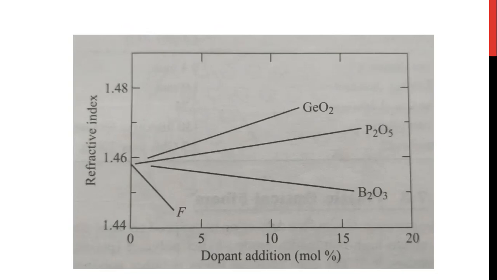From this graph, it's clear that GeO2 and P2O5 will increase the refractive index as the doping concentration increases. In the case of B2O3 and fluoride, as the doping concentration increases, it will result in decrease of refractive index.